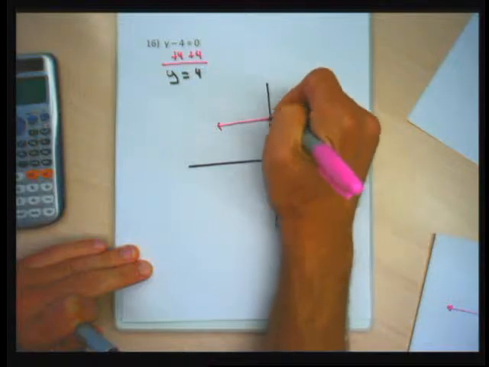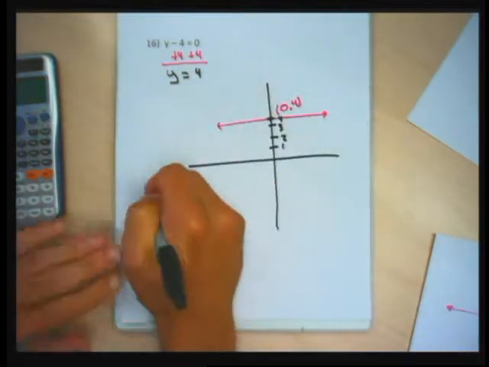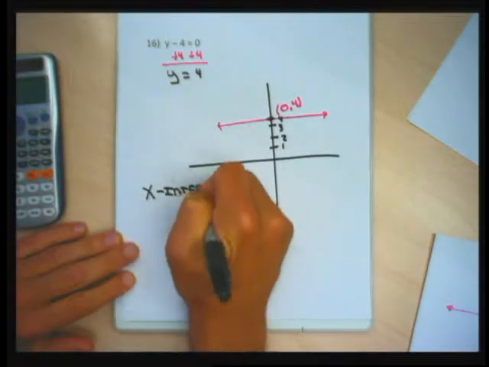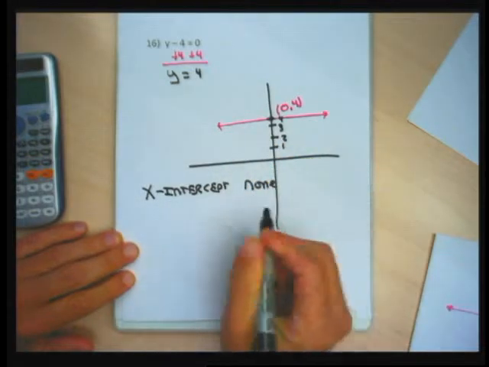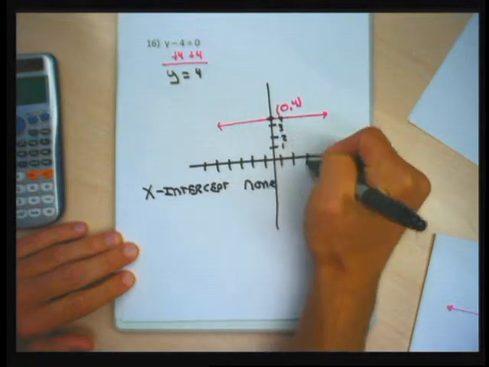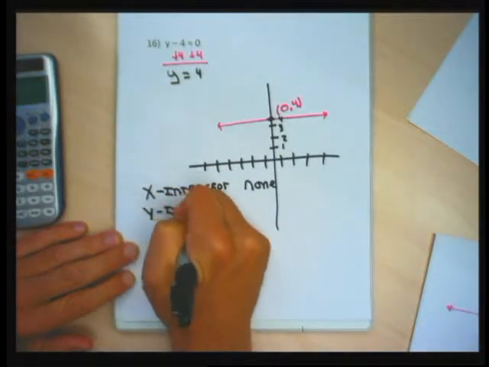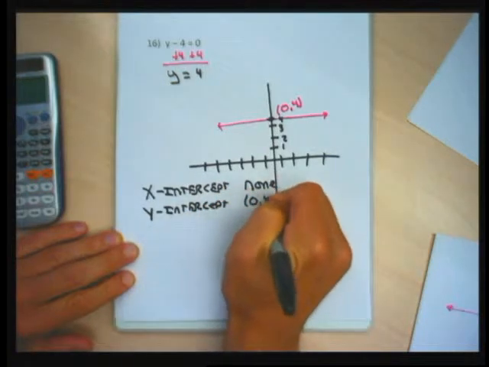Might as well label that point the point 0, 4. When I go to answer the questions about the intercepts, they're the same. There's no algebra to do to find the intercepts when you only have one letter. This graph doesn't cross the x-axis, so there's no x-intercept. And it crosses the y-axis at 4, so the y-intercept is 0, 4.